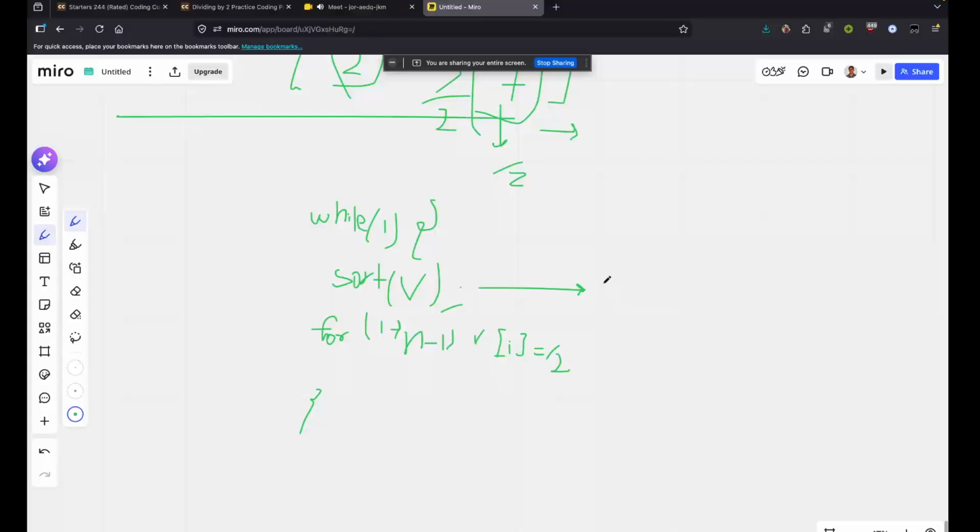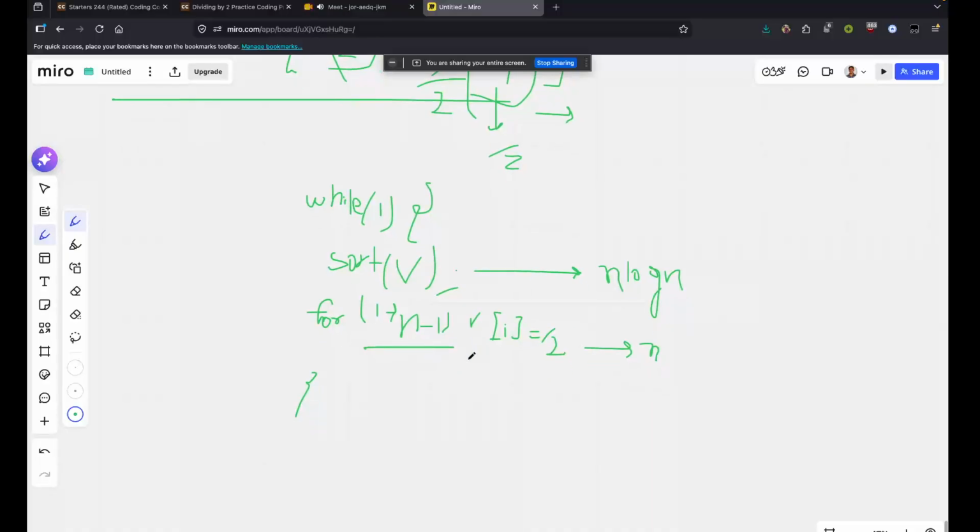Sorting requires n log n, right? And for this one, you are going up to n minus 1, so we can generally say we are looping over n numbers, right?